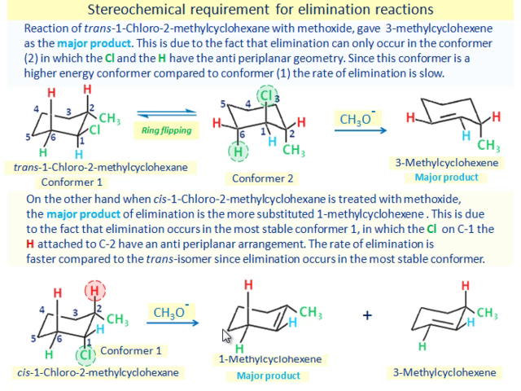This is due to the fact that elimination occurs in the most stable conformer 1, in which the chlorine on carbon 1 and the hydrogen on carbon 2 have anti-periplanar arrangement. The rate of elimination is faster compared to the trans isomer since elimination occurs in the most stable conformer.